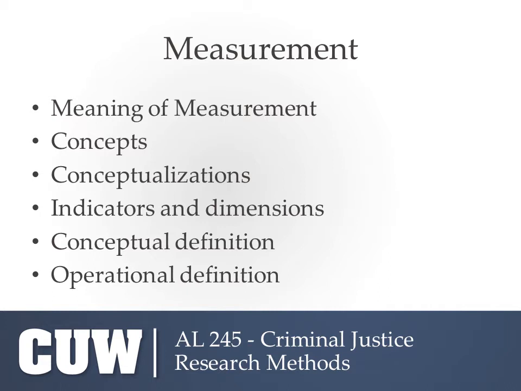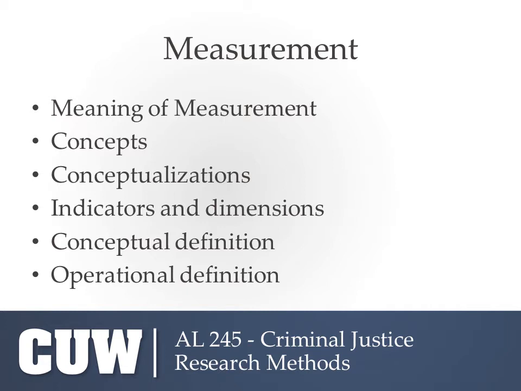Measurement can be very difficult. It's often very imprecise. What we are trying to do here is take an abstract idea and assign numbers to it, or some other scoring system to it. Whether that abstract idea is, again, fear of crime, police corruption, recidivism, racial prejudice, poverty, low education levels. Those are all concepts.